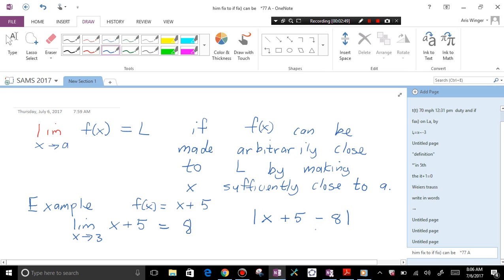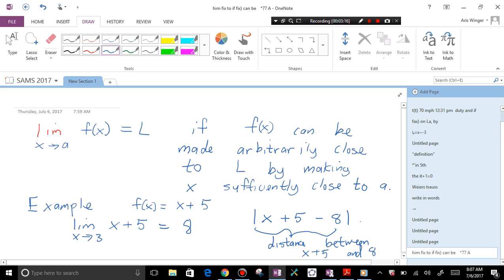So the absolute value of the difference is the same thing as the distance between these two, right? So let's say this clearly. This is the distance between x plus 5 and 8.